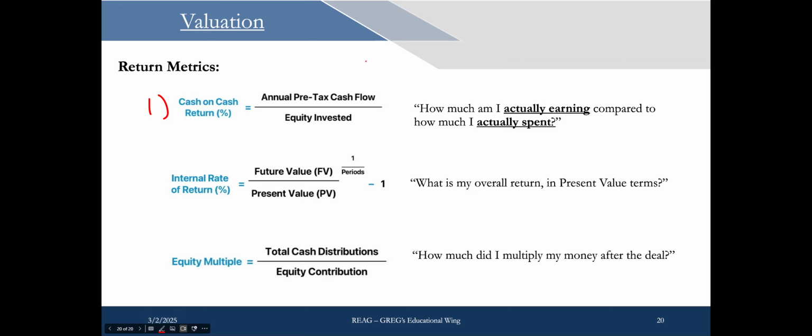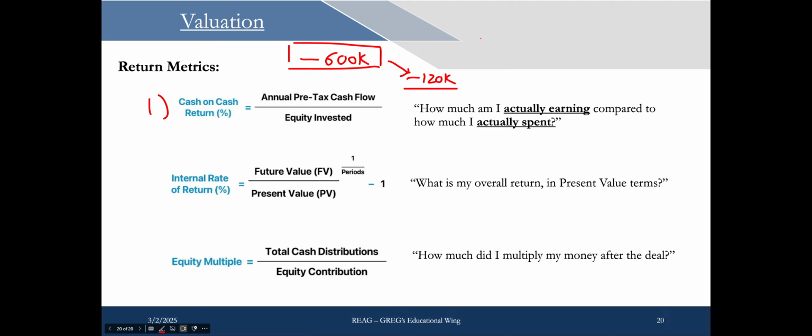So if you remember, when you buy a property, you're spending 600K or something, right? But remember, if you have debt on the property, you're not actually spending $600,000 in cash. You might be putting up 20%, which is 120K, and then that's your actual cash outflow.